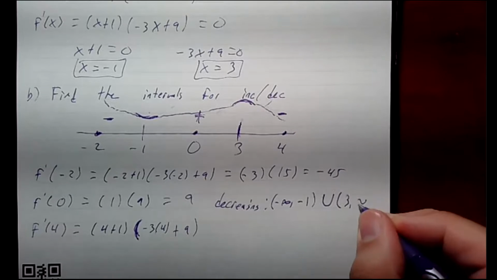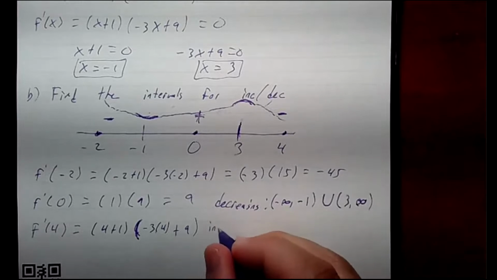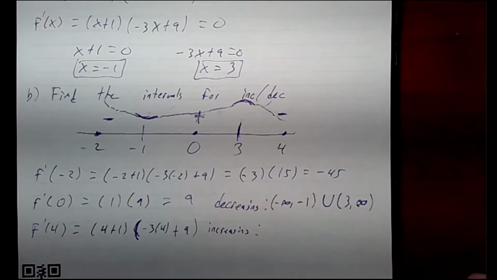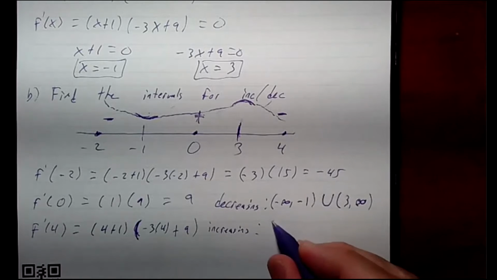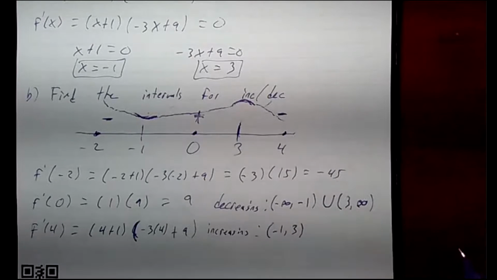Put another parenthesis. Yeah, that's it. And increasing, from -1 to 3. Yeah, that's it. That's part B.